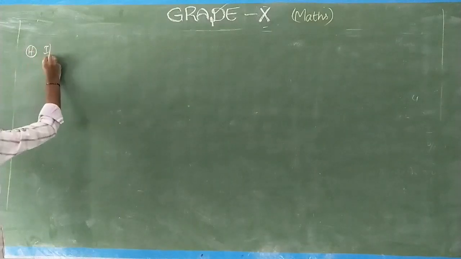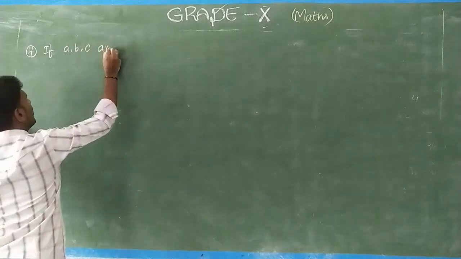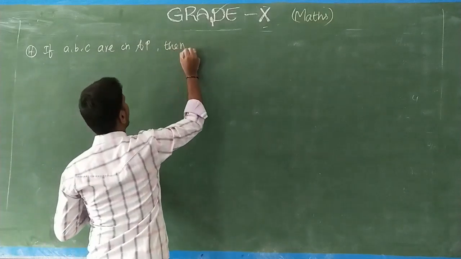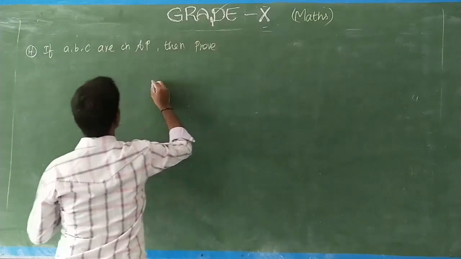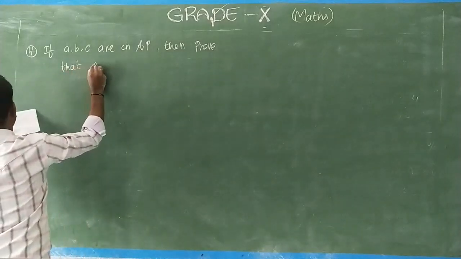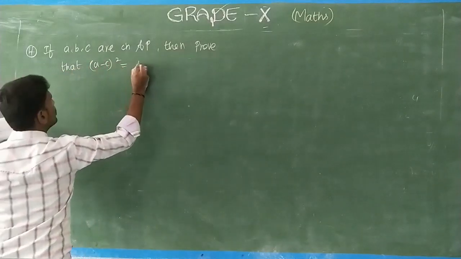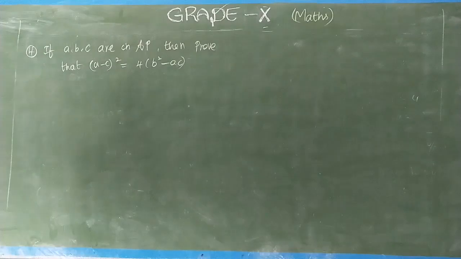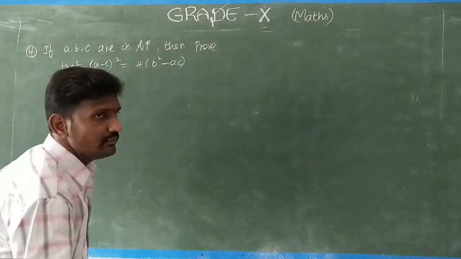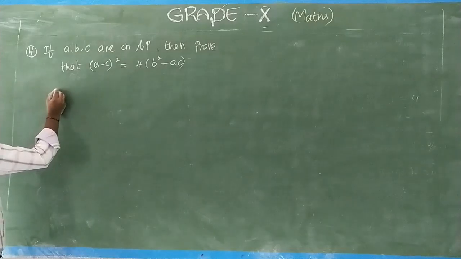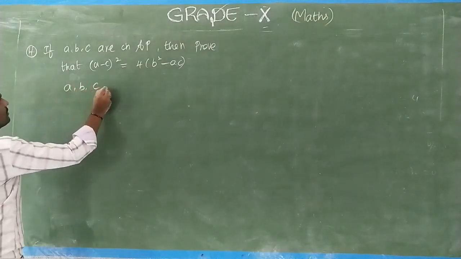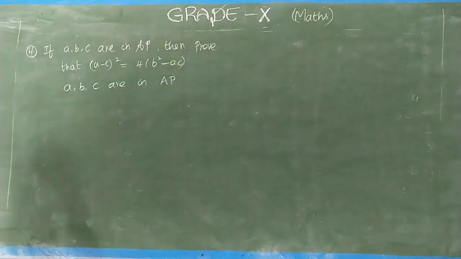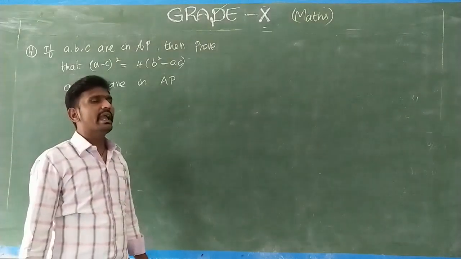See, if A, B, C are in AP, arithmetic progression, then prove that (A minus C) the whole square is equal to 4 into (B square minus AC). So that is also a very important question. See, if it is given that A, B, C are in AP, now you have the formula A2 minus A1 equal to A3 minus A2.